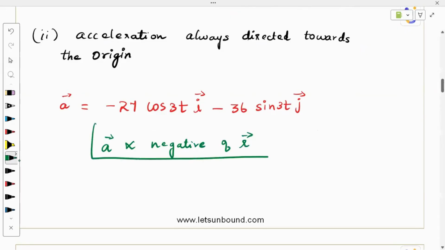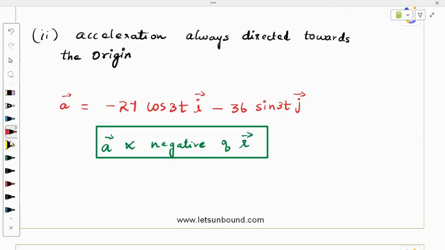If we can prove this, it means the acceleration is always directed towards the origin. Correct? We will see how it is towards the origin, but this is the condition.